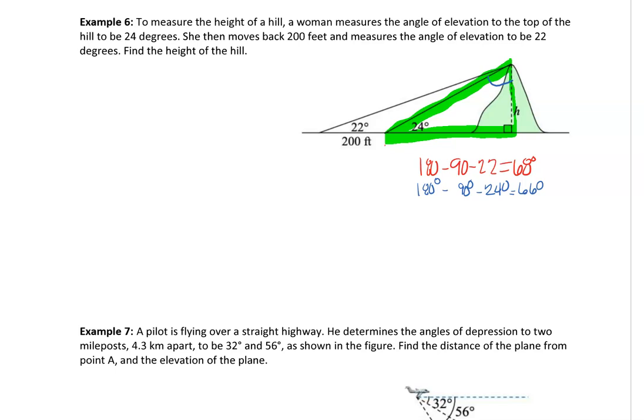So I know of these triangles, I found some missing information, that this angle is 66 degrees and that this angle is 2 degrees. And the reason I would want to do that is because I have this side right here that's just this piece, and now I have its corresponding angle.